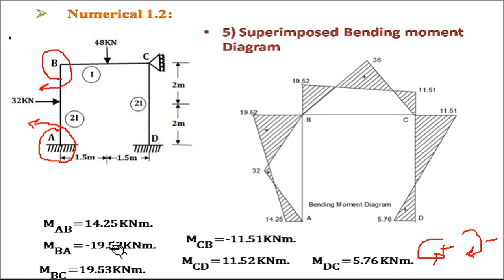Okay, that means this moment 19.53 is acting on the left hand side. Okay, so connect these two points by a straight line. Then here you have to draw the free bending moment diagram. So the load is acting at the center, so this value will be WL upon 4. Put the value of W as 32, L as 4, and we will get this value as 32.